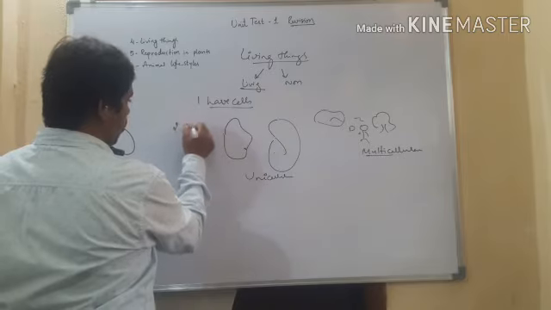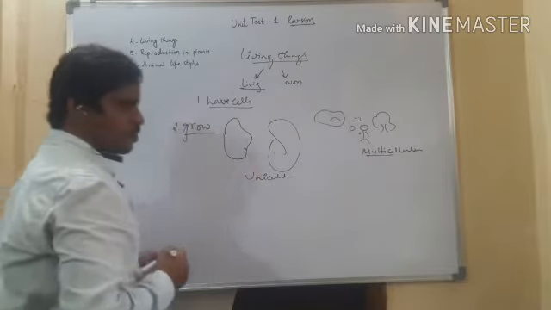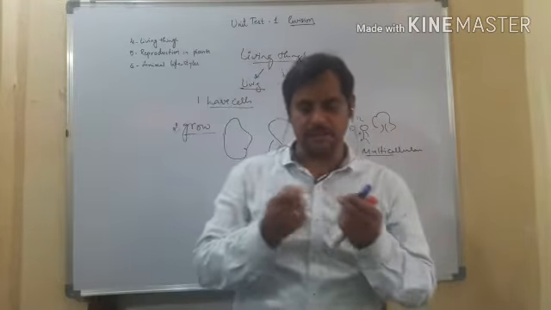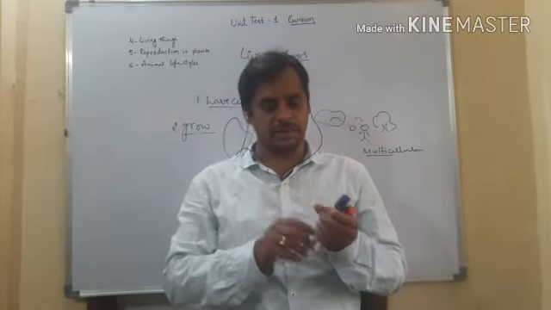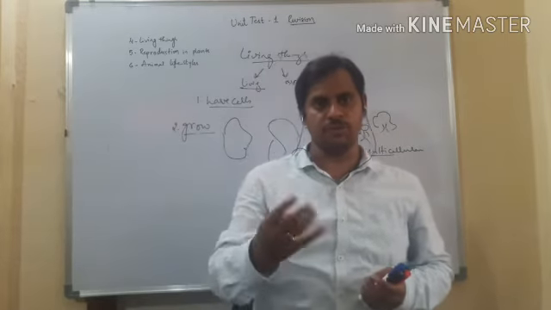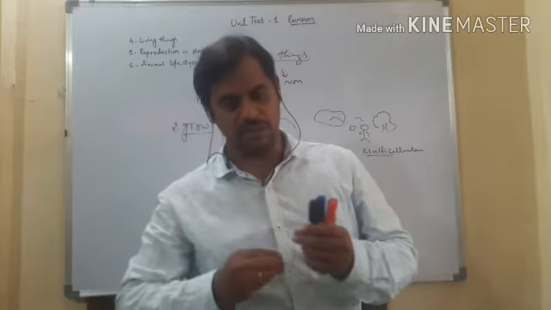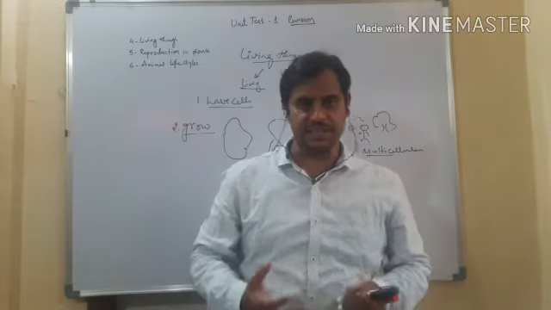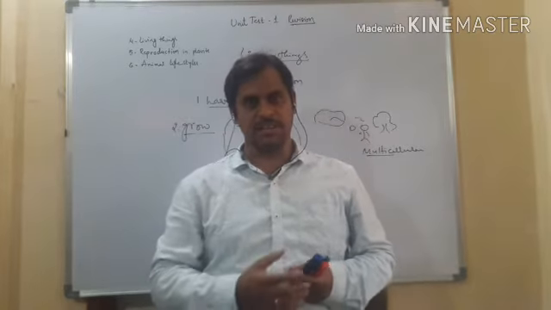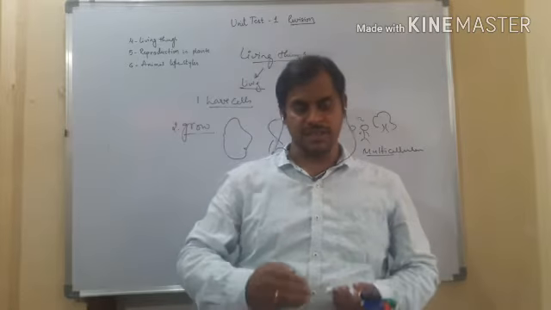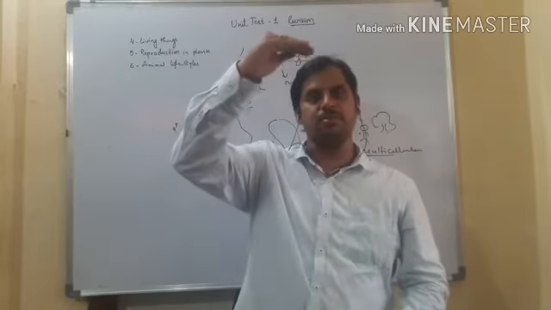And the second one, living things grow. The cells get divided, which means one cell becomes 2, 2 become 4, 4 become 8, like this. After division, they become multicellular, and the small thing becomes bigger.